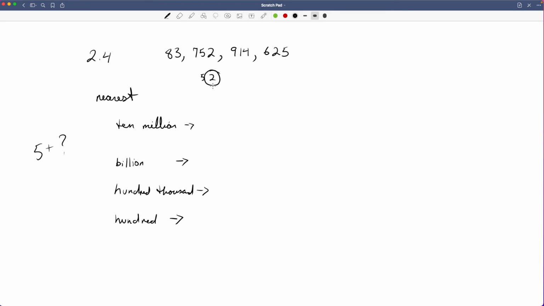No, it's less. So we don't have to increase this number. We don't have to round it up. It stays right there. So the nearest 10 million would be 83,750,000,000, and that's it. It would stay here and everything else would be turned to zeros because we're rounding. We're just giving an approximation. We don't have to give all the little details when we round.